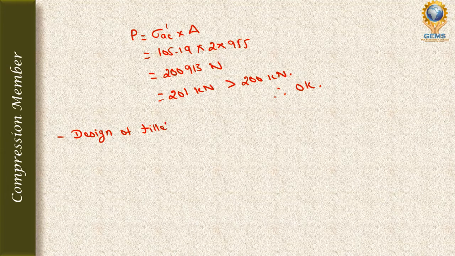Now we have to go for a design of fillet weld. So for the design of fillet weld, first we have to assume the size. So what is the minimum size we will assume? Here the minimum thickness is 6 mm. So S minimum will be 3 mm and S maximum will be, it is a round edge, so it will be 3 by 4 into the thickness of the thinner connected member, which is 6 mm.